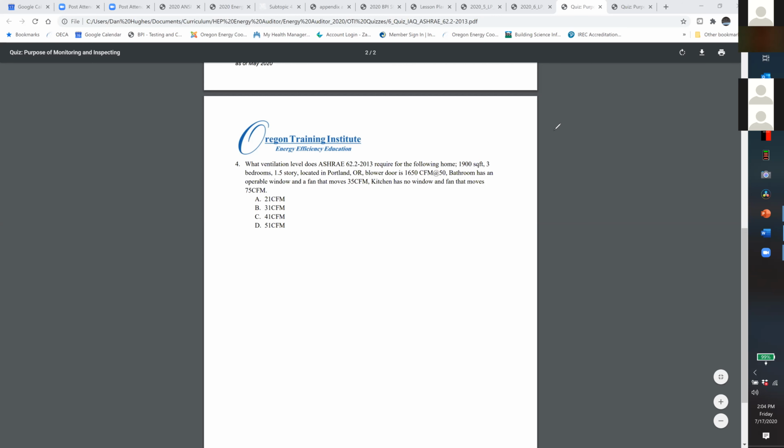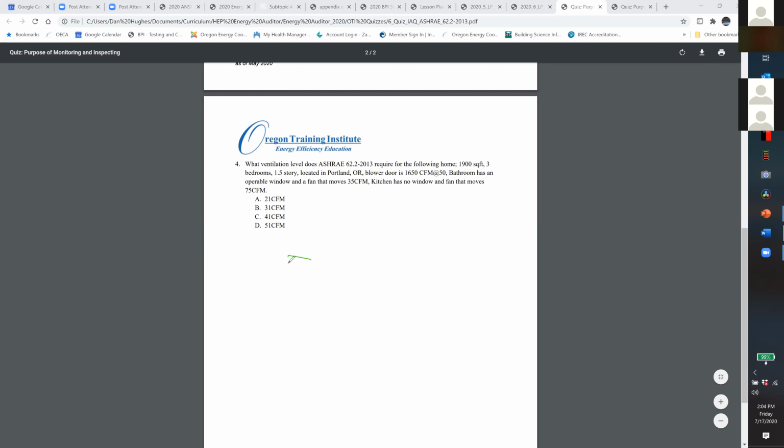So if we break it down, I don't want to spend too much time on this, but the formula on how to calculate this, we got the base rate, which was 3% of the square footage. So we'll take the 1,900 square footage, and we're going to multiply that by 0.03.